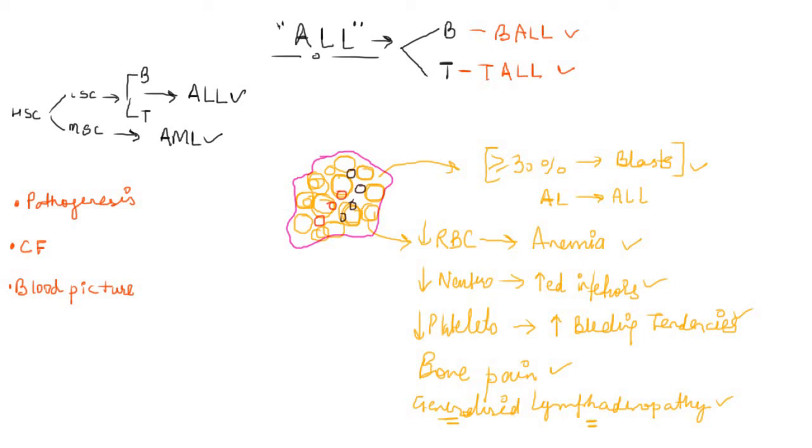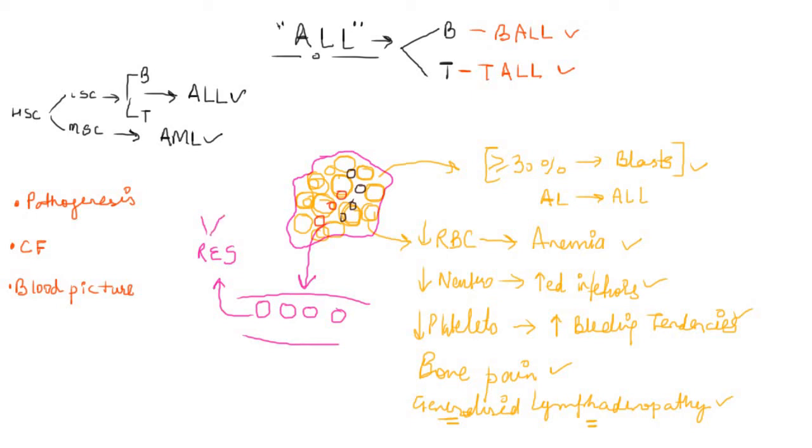Basically what happens is that as the blasts are produced in increased number within the bone marrow, after some time these blasts are released into the blood. Normally we have no blasts within the blood, but in this case the blasts will be released into the blood, and as they are released into the blood, they go into the organs of the reticuloendothelial system, which are the spleen, the lymph nodes and the liver.